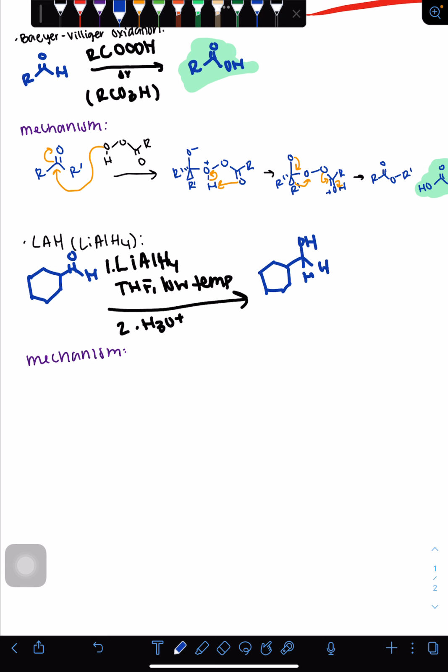So the mechanism for this one is, you have this ring, what we started with, with the H on the aluminum negative. We have this lithium over here. This hydrogen here is going to attach to the carbon here, so that double bond breaks, and this is going to go back there.